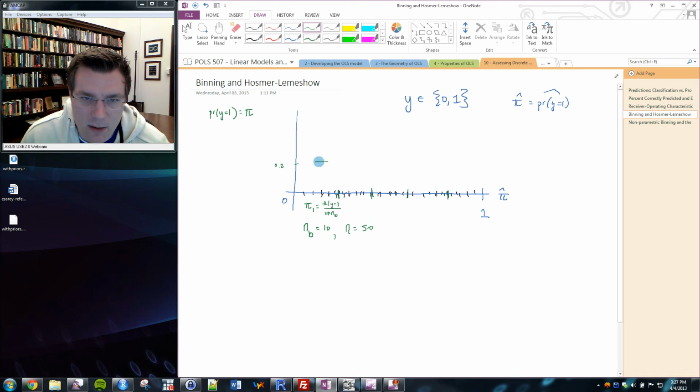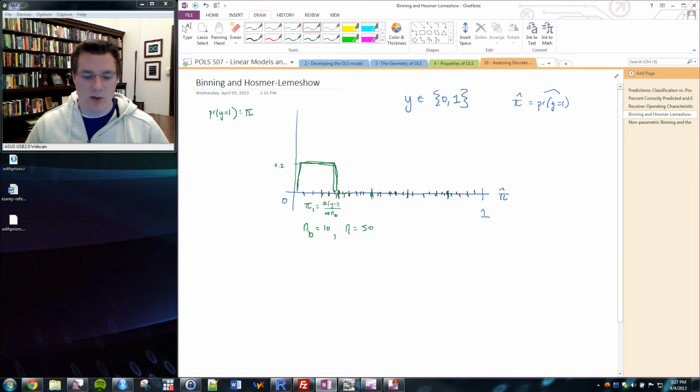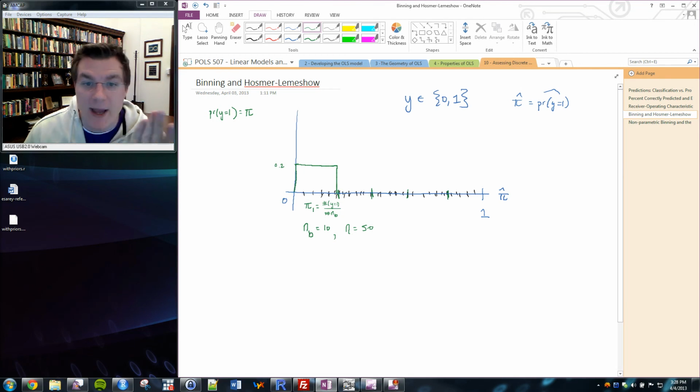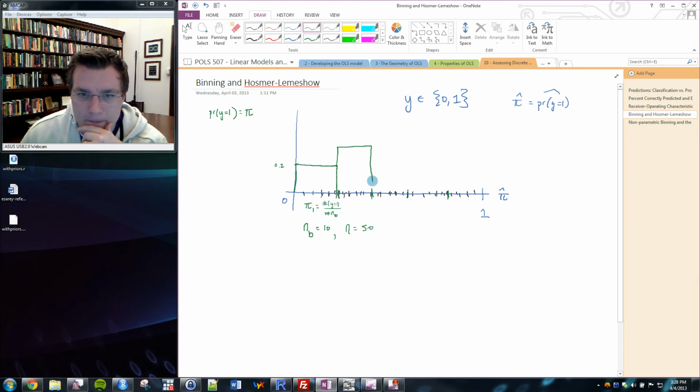And there's our estimated pi for that bin. So we're taking an approach similar to the CART model, where we create discrete bins and then estimate pi in each bin with a simple proportion or average. So we do this for every single one of our bins.